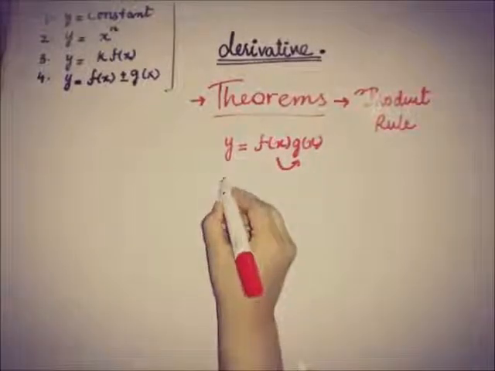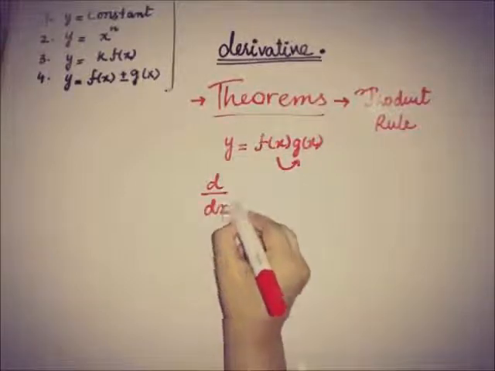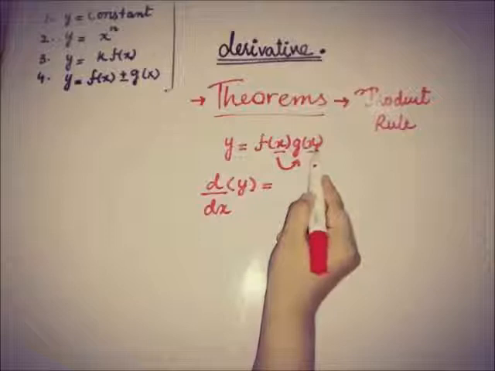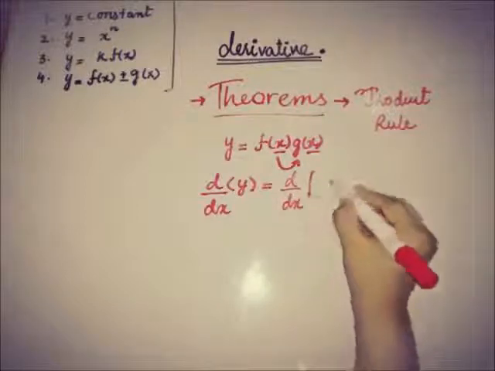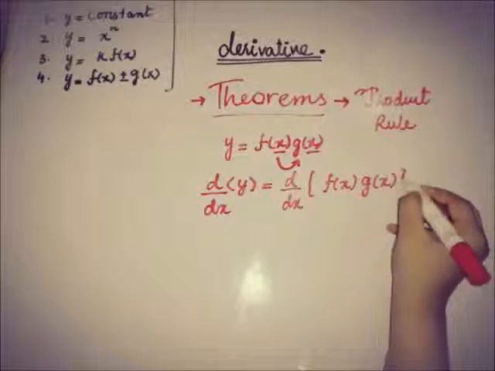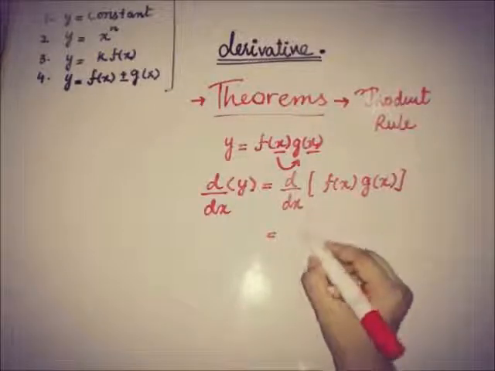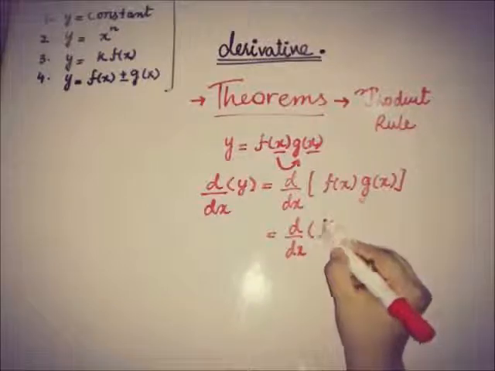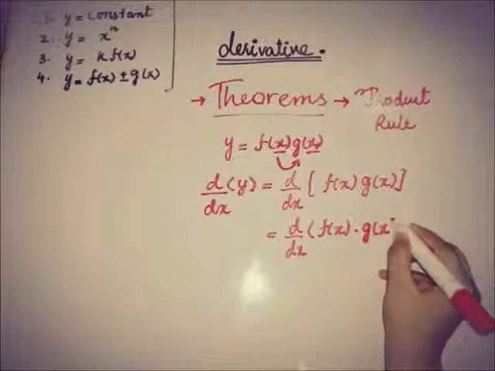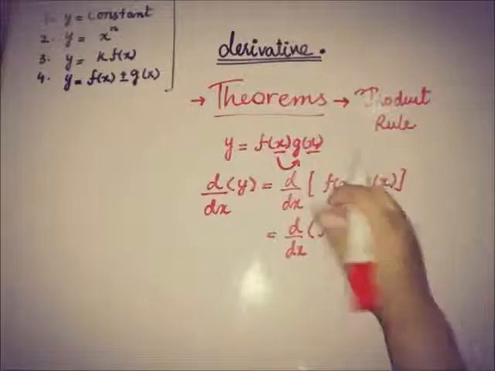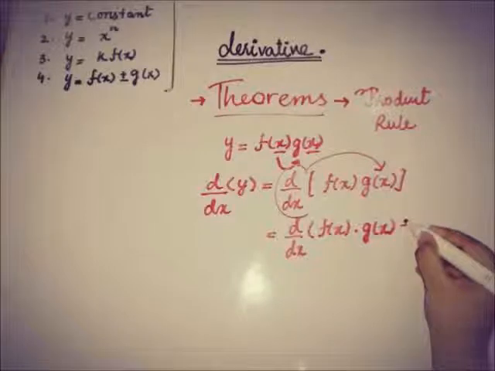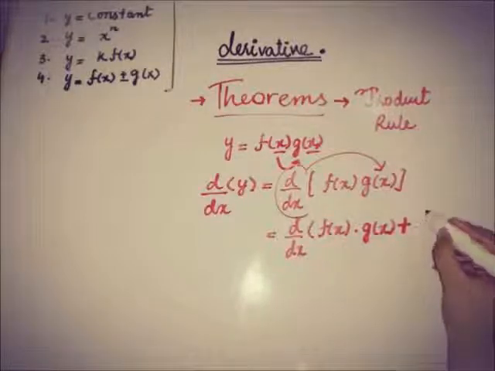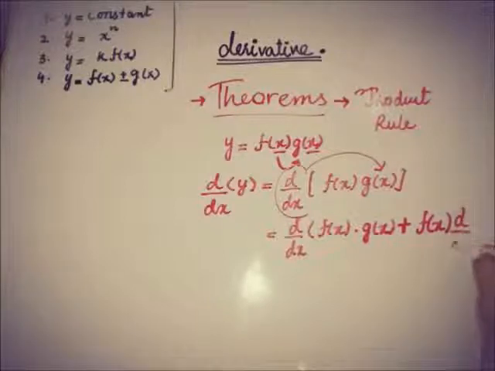The theorem says that the rate of change of the function with respect to the independent variable x is equal to the rate of change of the first function, while the second function remains quiet, that is, it doesn't have any impact at the same time, but there is a positive sign, then the first function stays the same and the rate of change of the second function with respect to x.